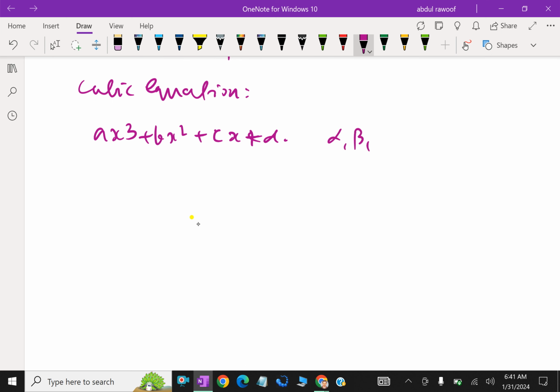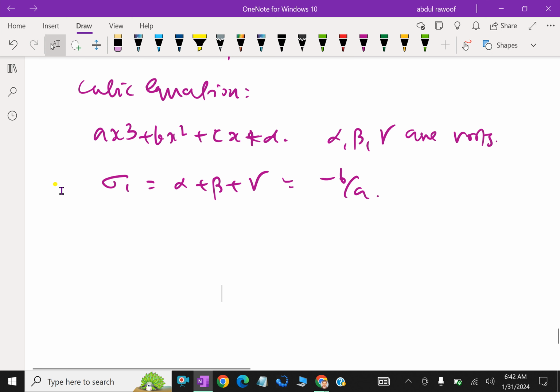Then sigma 1, that is alpha plus beta plus gamma, is minus b by a.